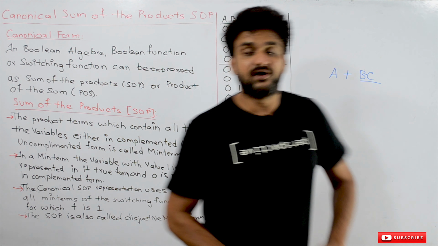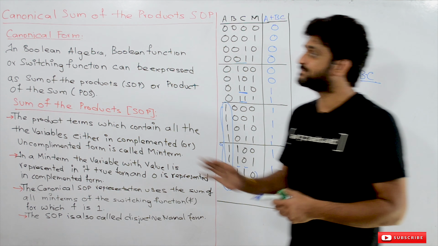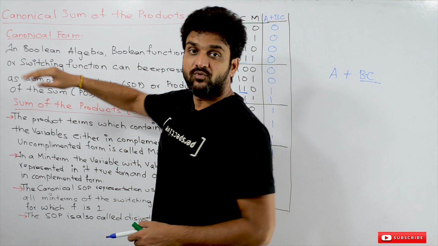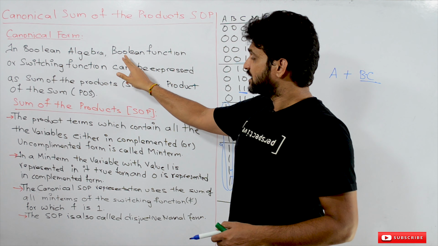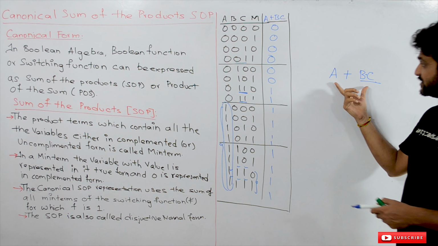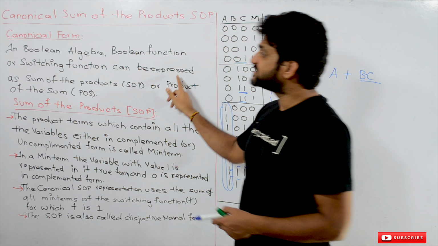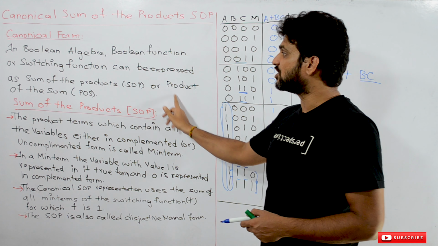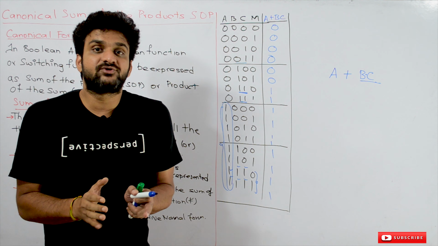Now coming to the concept of canonical sum of products. What is meant by canonical form? In Boolean algebra, a Boolean function or switching function can be expressed by sum of products or product of sums.